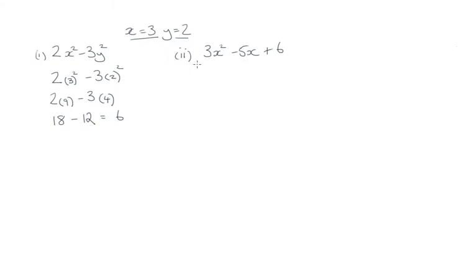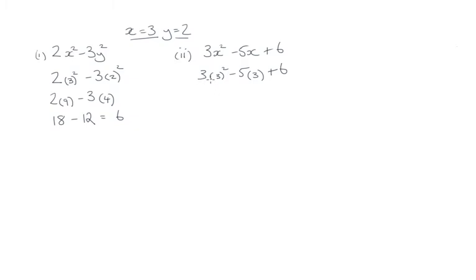Okay, so let's substitute this in. 3 multiplied by, now let's see, x is 3, and it's squared, minus 5, x again, which is 3, and then we do here plus 6.